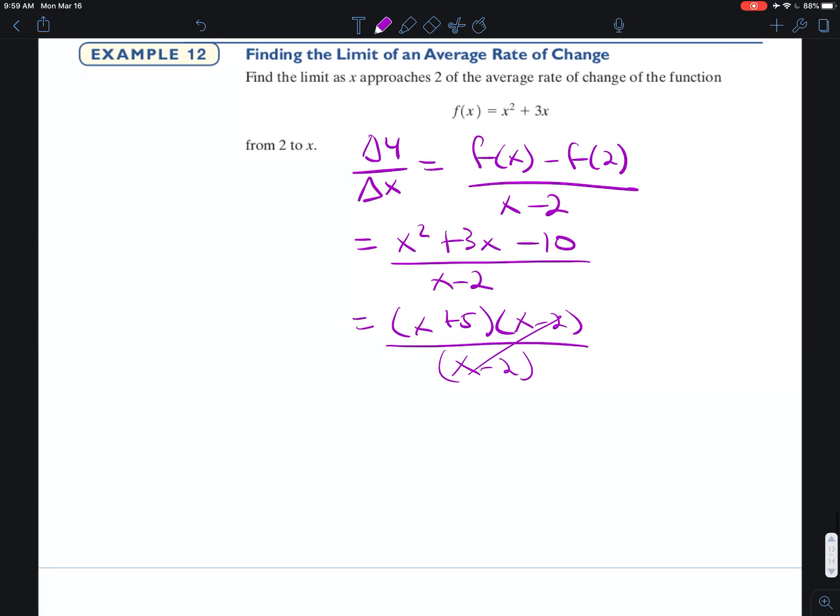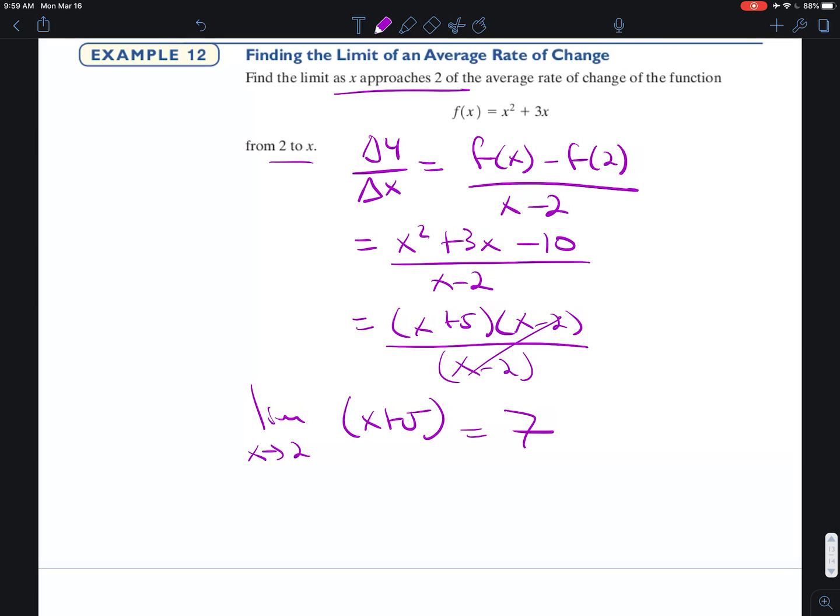Now I want the limit as x approaches 2 of this average rate of change from 2 to x, which I now have defined as x plus 5. So the limit of that equals 7. Algebraically, it's not difficult to get to this point. You just had to recall what your average rate of change rule was.